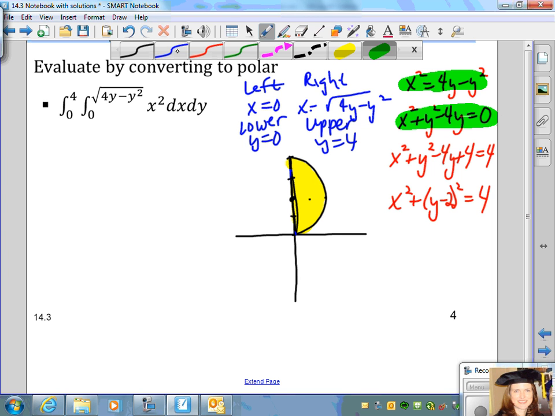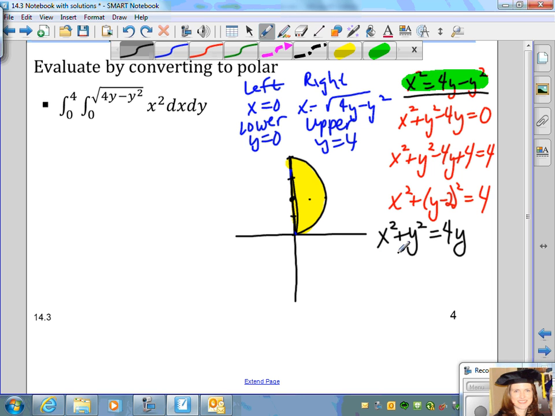In fact, let's use the first one. If you take the first equation and add y squared to both sides, you get x squared plus y squared is equal to 4y.